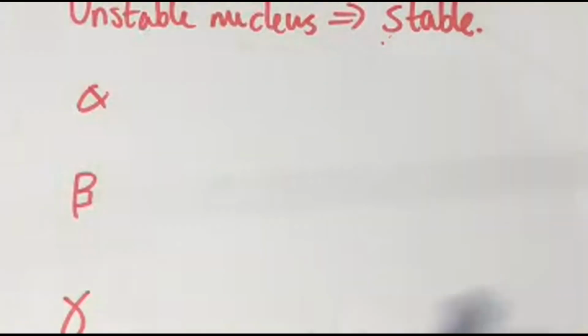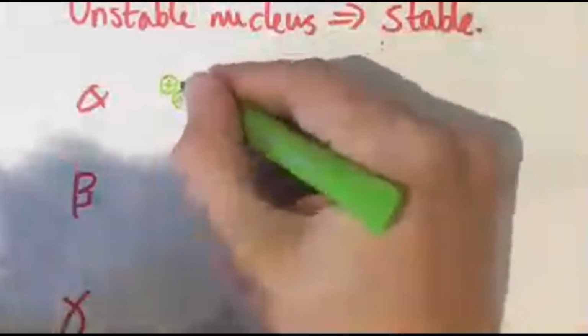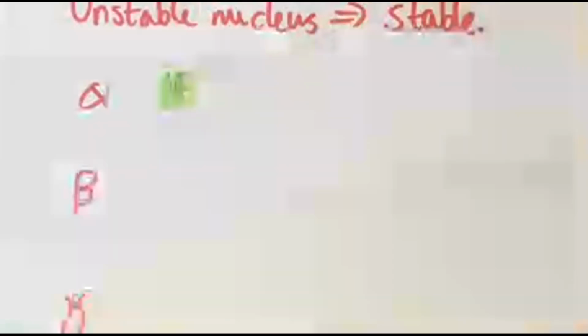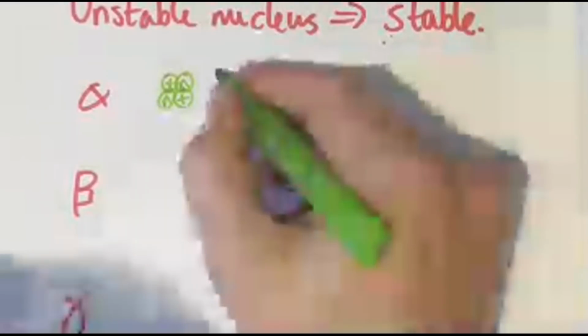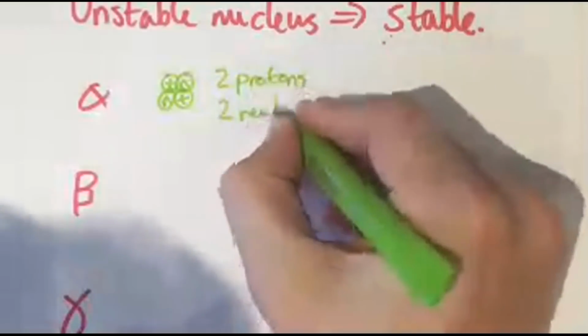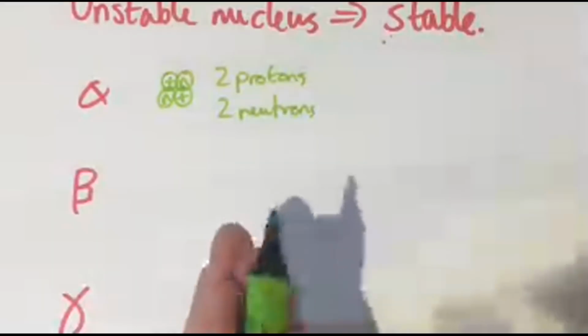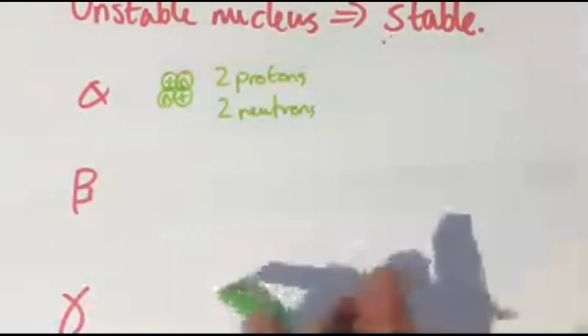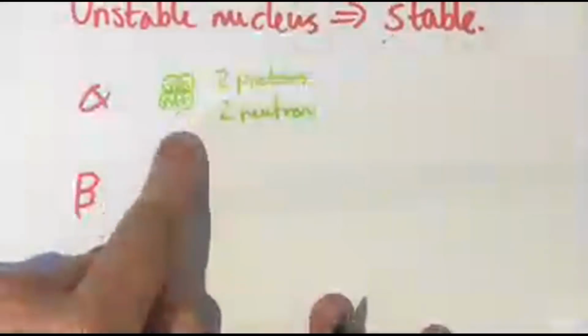Now, it just so happens that the way which it flies off is if I have 2 protons and 2 neutrons together in a lump, and that's an alpha particle. So it's made of 2 protons and 2 neutrons. Also referred to as a helium nucleus, because if you take the electrons around the outside of helium, get rid of them, that's what you've got left.